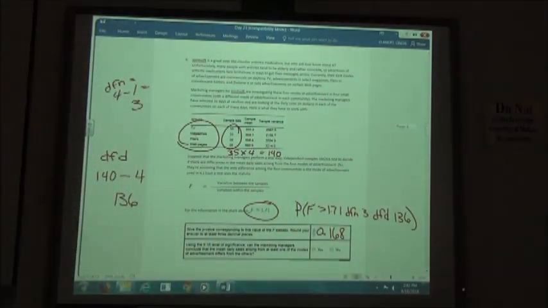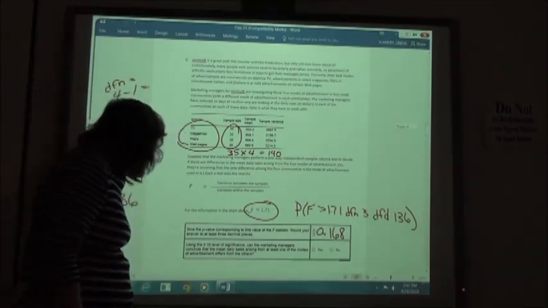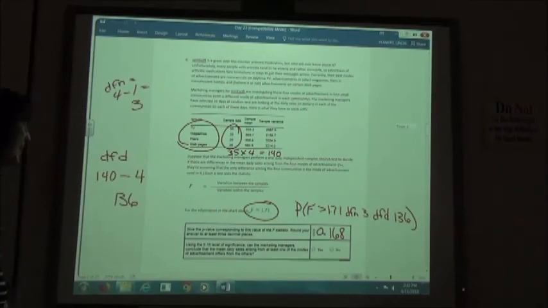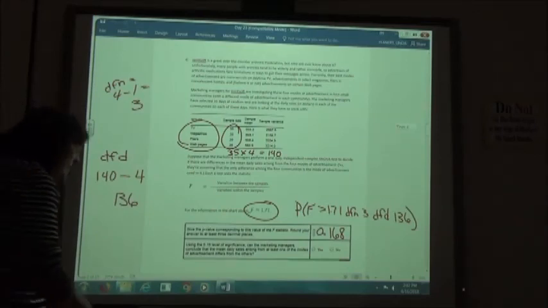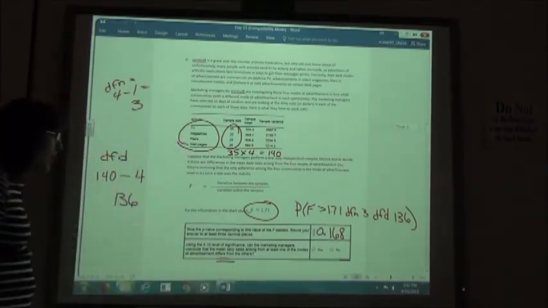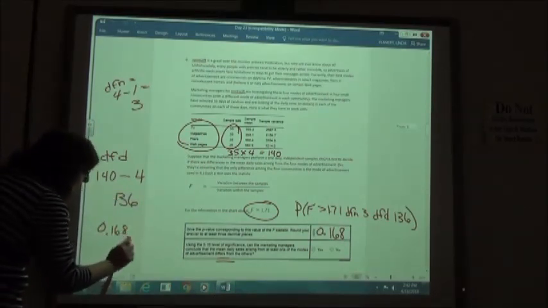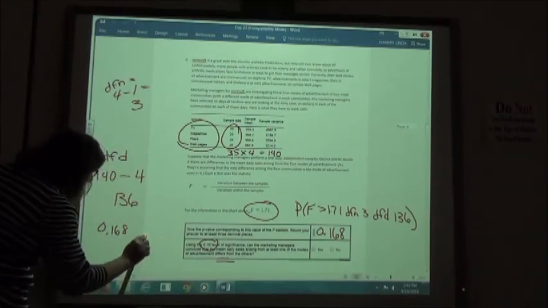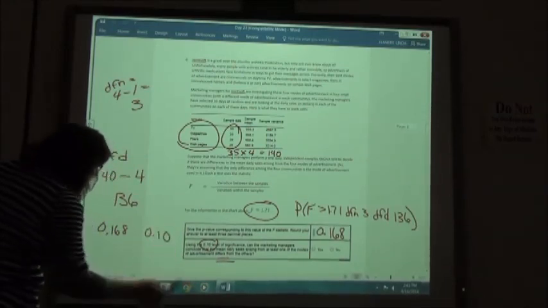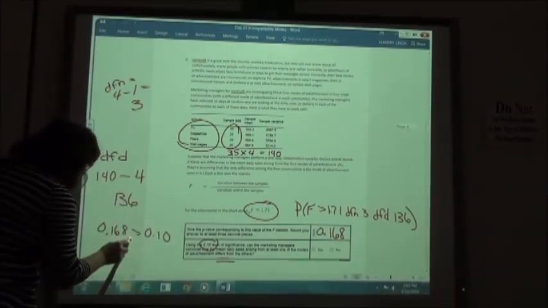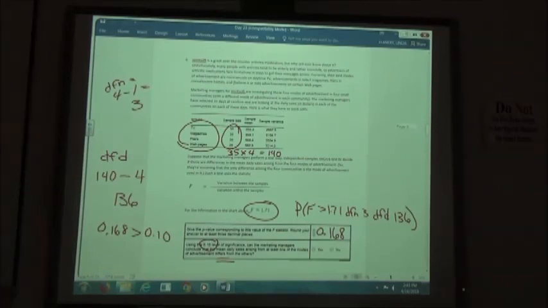So using a 10% level of significance, can the marketing managers conclude that the mean daily sales arising from at least one of the modes differs from the others? So again, my p-value 0.168 compared to my level of significance 0.10. Again, it's greater. 0.168 is greater than 0.10.